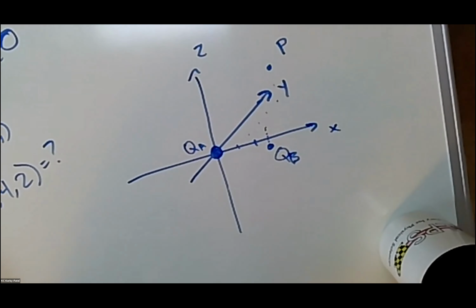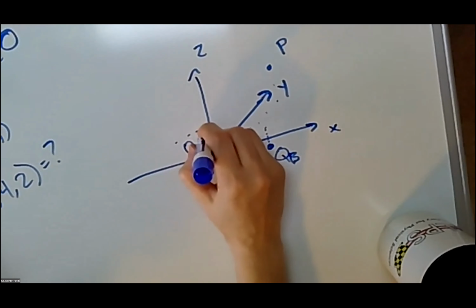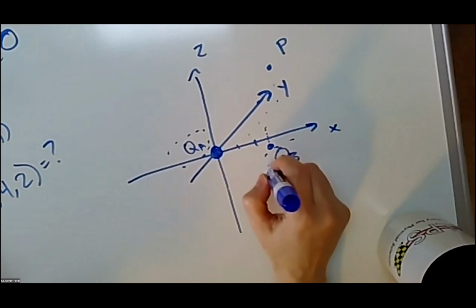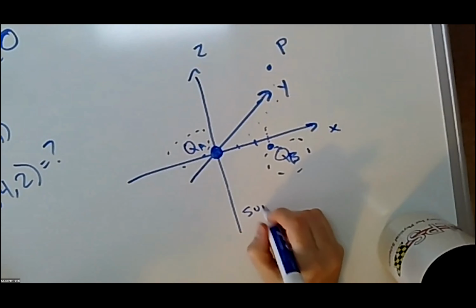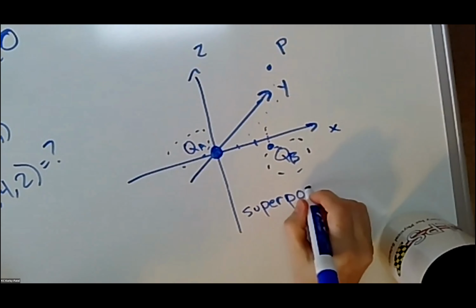Luckily, the electric field due to electric charges obeys superposition, which means that you can add up the field due to charge A and the field due to charge B. Superposition.